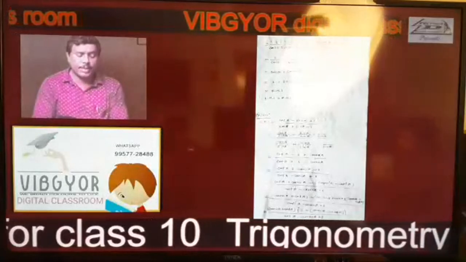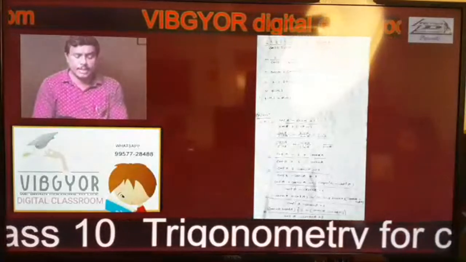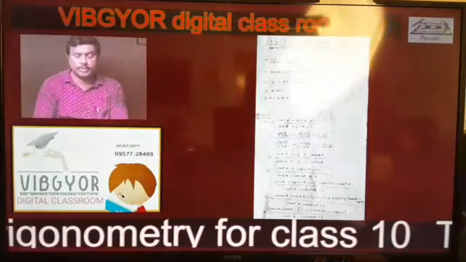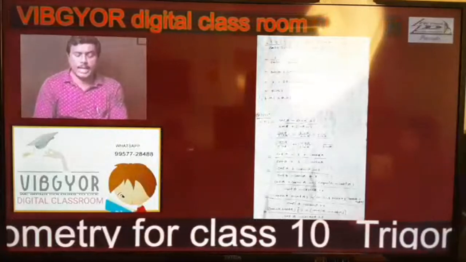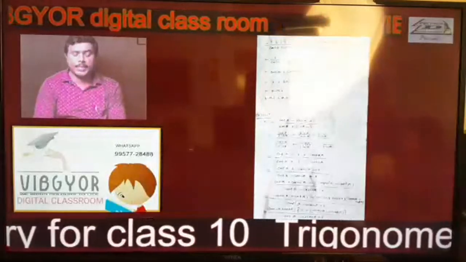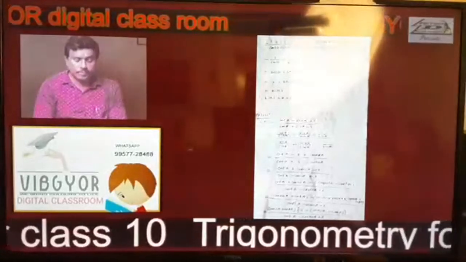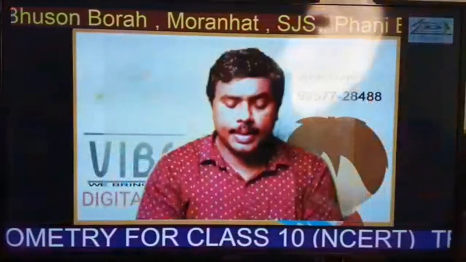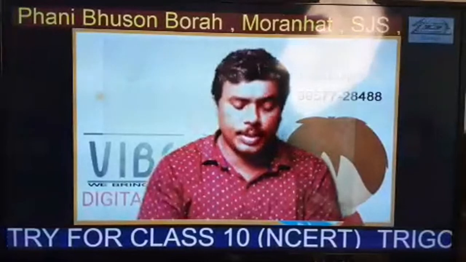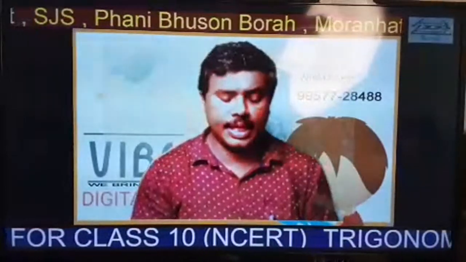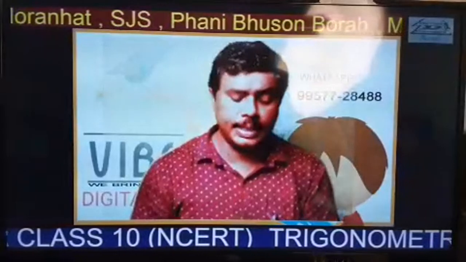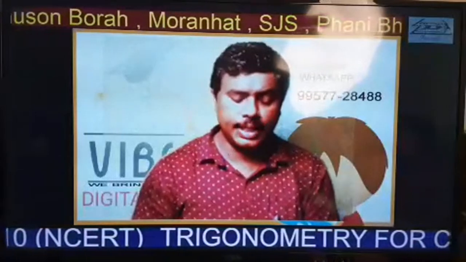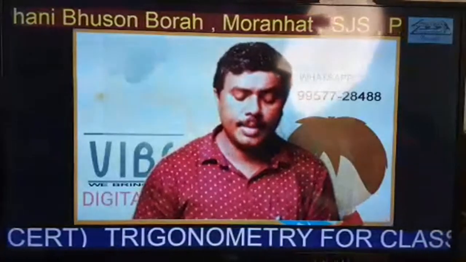In the denominator also, cot A minus cosec A we are adding together, and plus 1 at the last. So in the numerator, 1 is replaced by the identity cosec square A minus cot square A. Then that identity can be written as cosec A plus cot A whole into cosec A minus cot A. Then we take common cosec A plus cot A, and we will get cosec A plus cot A whole into 1 minus cosec A minus cot A, whole thing divided by cot A minus cosec A plus 1.